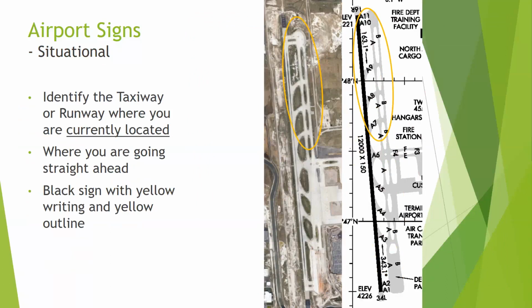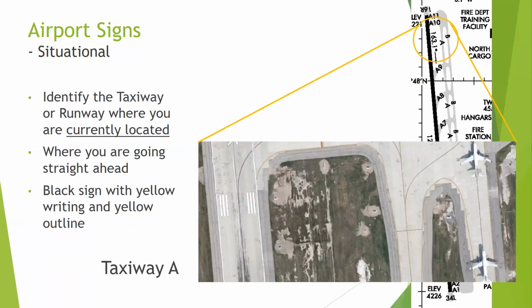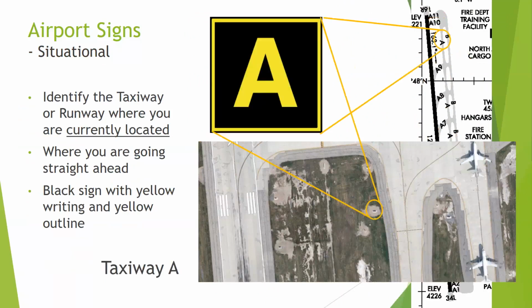So if we look at what these look like, here is the actual aerial view of the taxiway and the runway. Here's the airport diagram version of it. If we zoom in on this end right here, you can see if we're on the Alpha taxiway, there would be signs along the side of it that tell you you're on the Alpha taxiway. Here's what I was talking about.